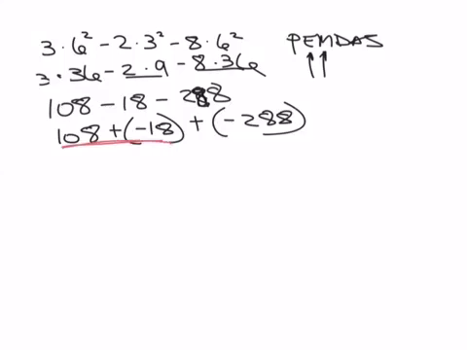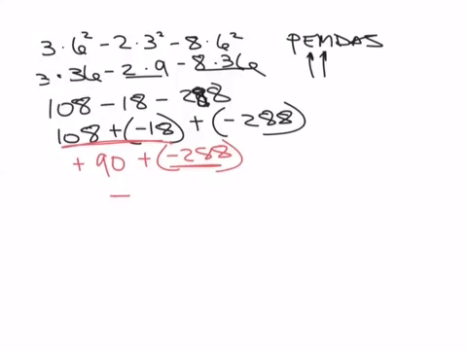So, sign is on the positive, 108 and -18, their signs are different. So I take the difference between the two, and I have that. Okay, again, sign is on the largest one, is negative. So my answer is negative.